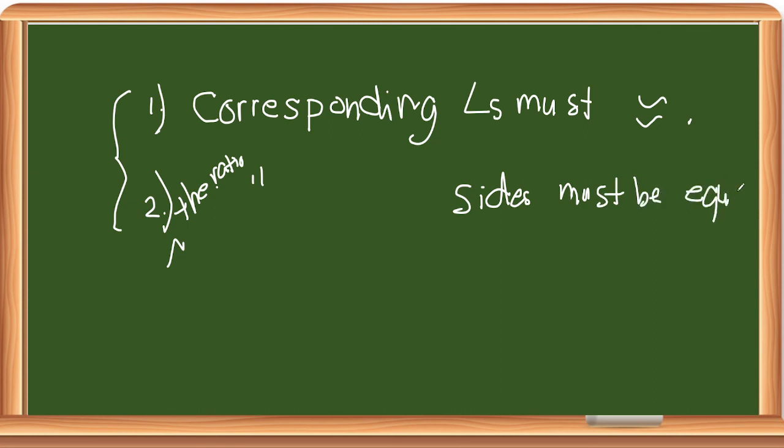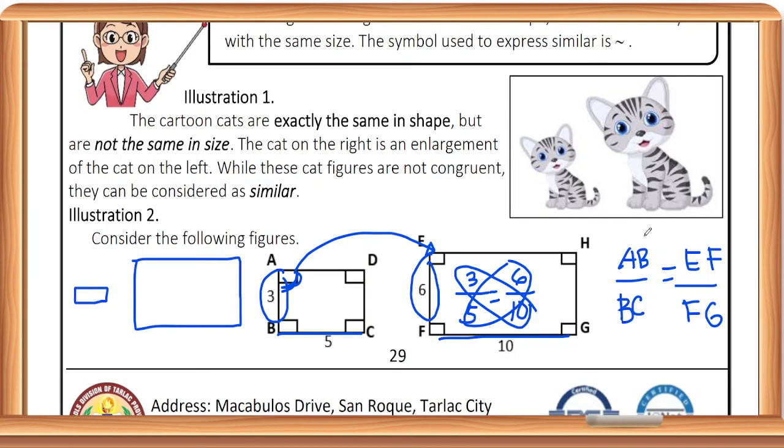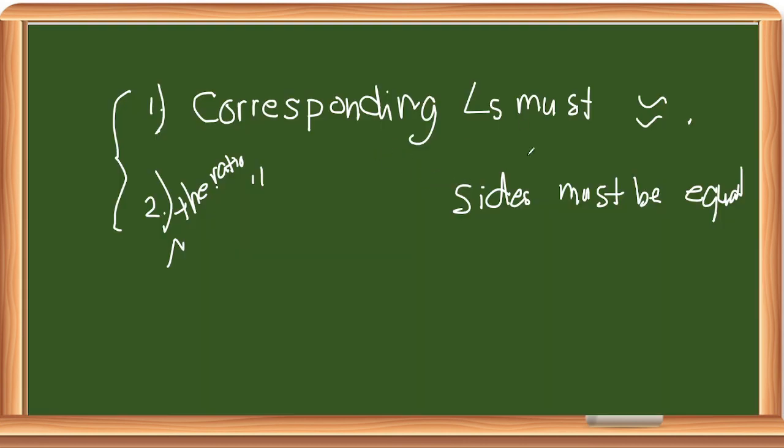Okay? So, yung ratio ng mga sides must be equal. Tulad ng nangyari dito. Yung ratio ng corresponding sides are equal. How do we know that they are proportion? In short, if they are equal, must be proportion. The corresponding sides must be proportion.